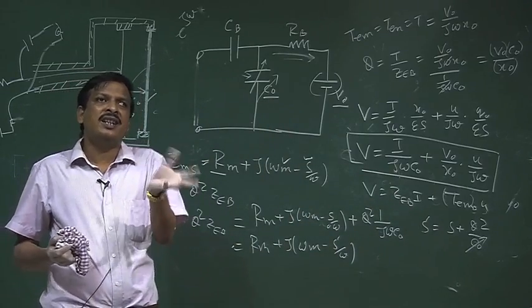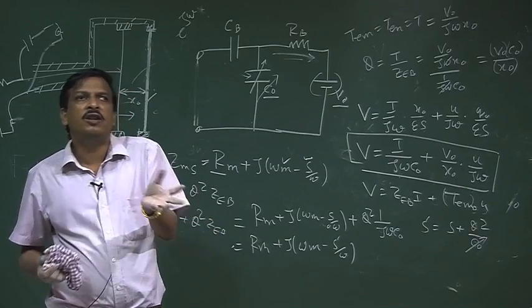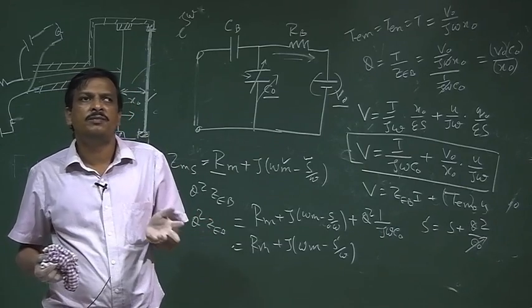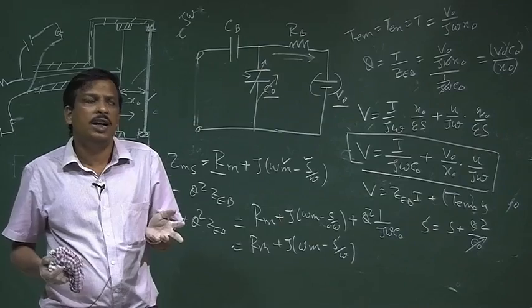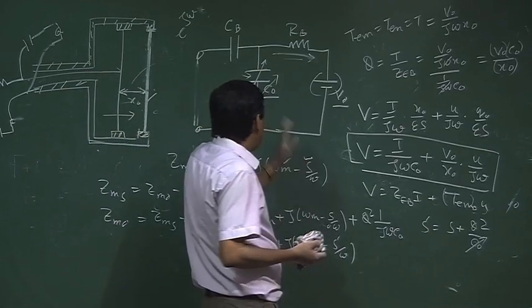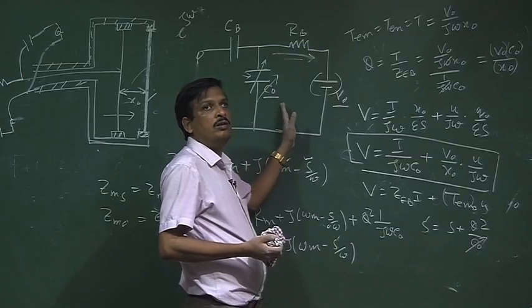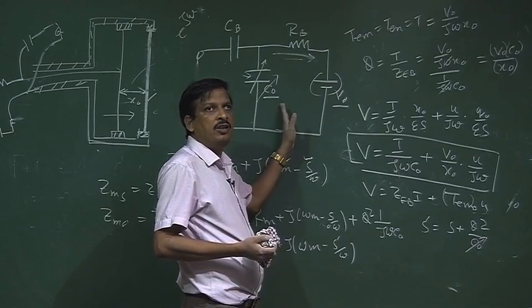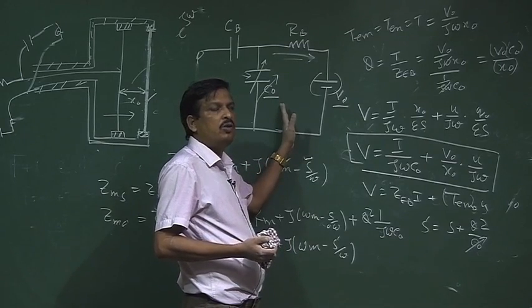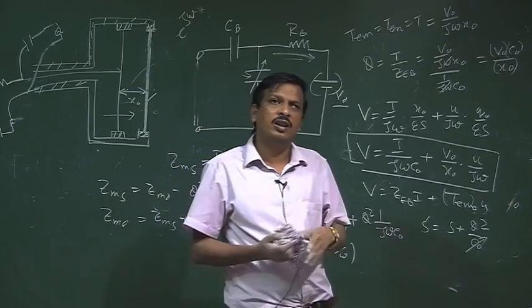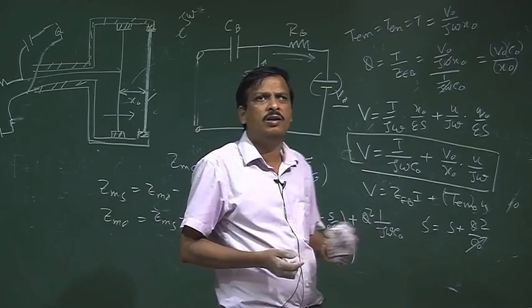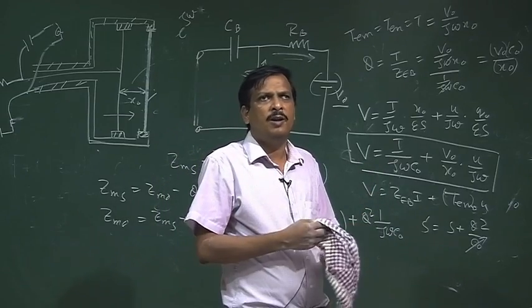So, I can say a voltage change is equivalent to creating a vibration equivalent to a capacitance change. Next class I will discuss the coupling coefficient, how it works in the case of applied voltage. Okay.